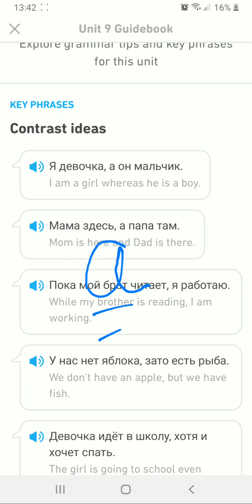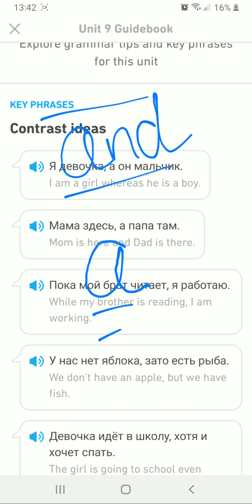If you want to join two phrases together to make a long sentence, you use conjunctions. A very common conjunction is the word и. So if I say I want this and I want that, you want to say two phrases at once.